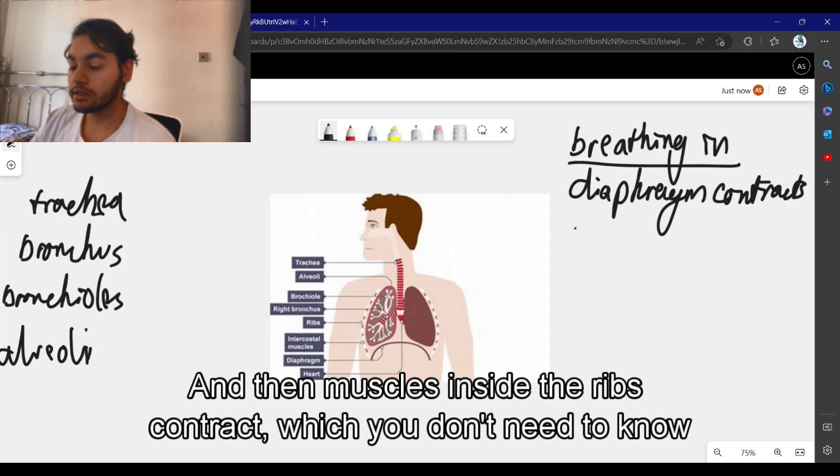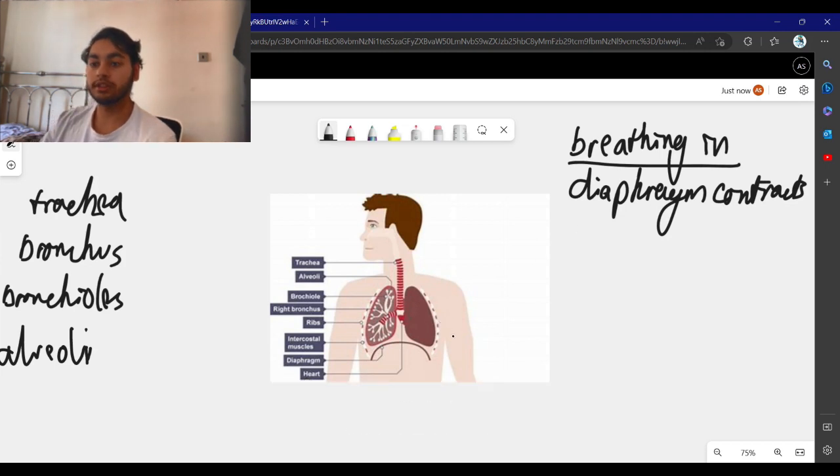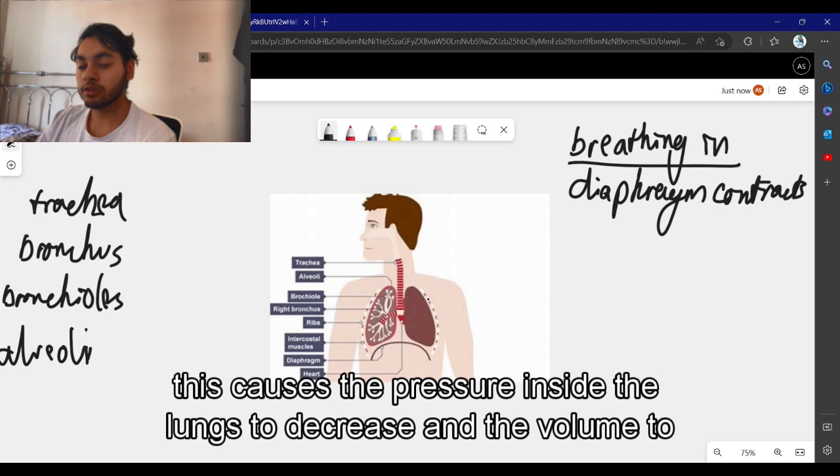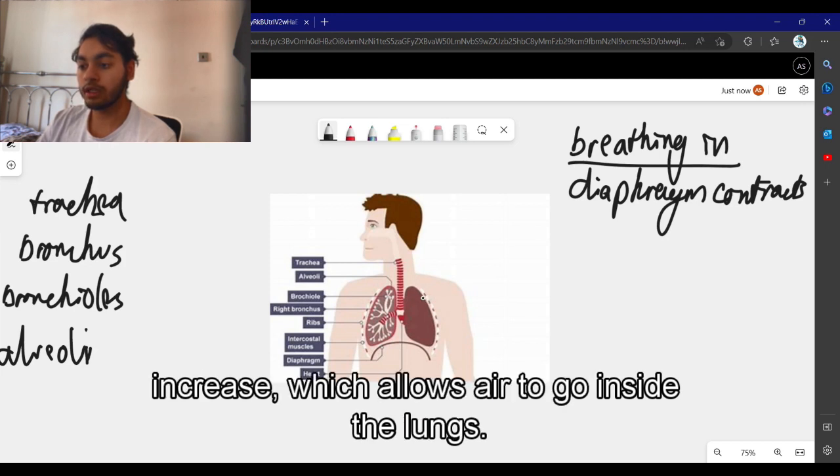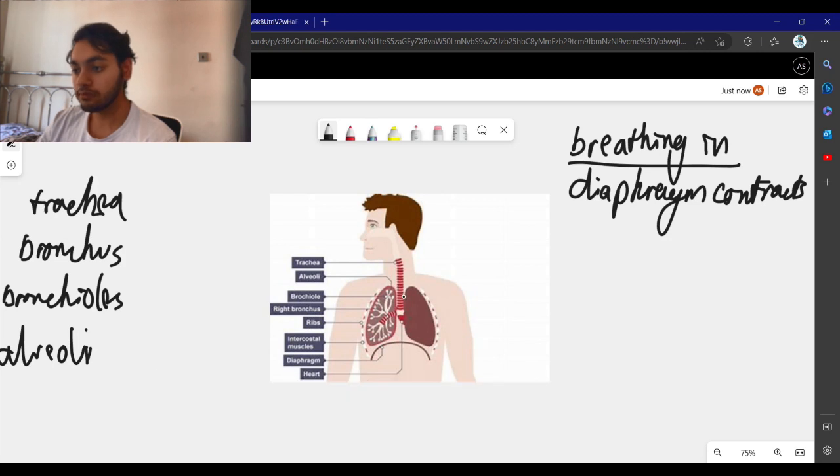And then muscles inside the ribs contract, which you don't need to know for GCSE, but this causes the pressure inside the lungs to decrease and the volume to increase, which allows air to go inside the lungs.